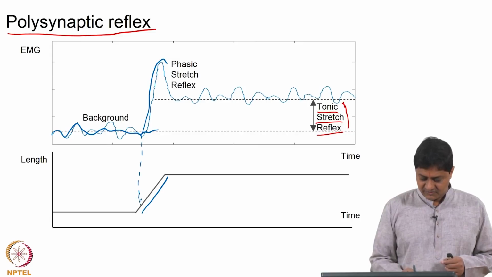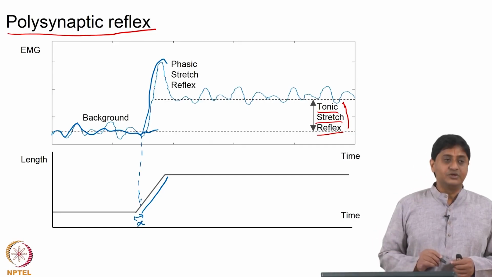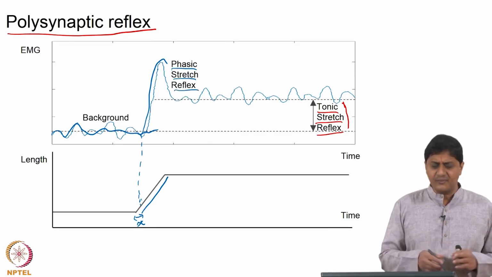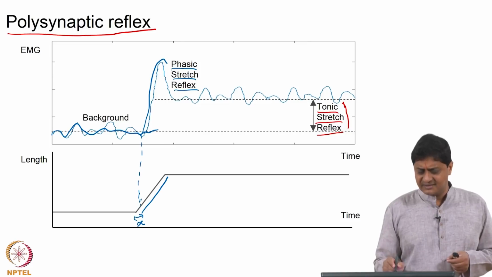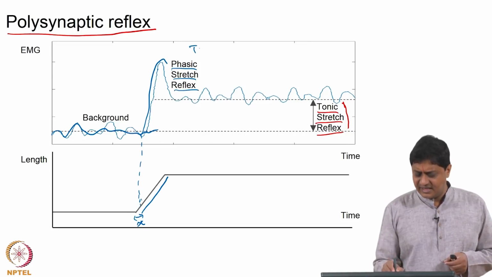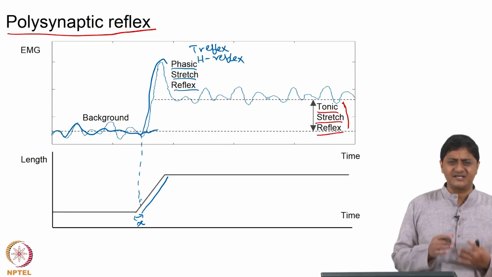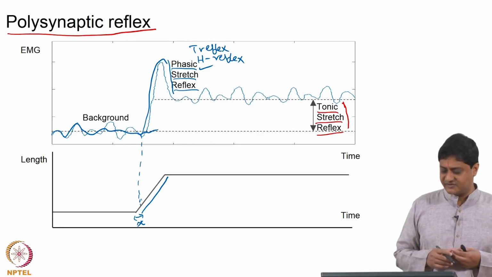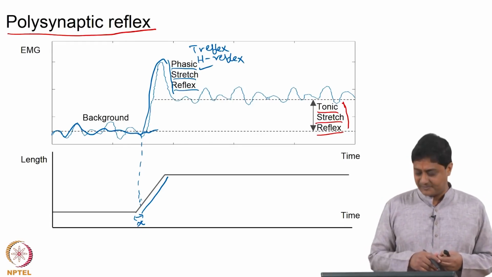The stretching starts with a very small delay, with that delta t there is going to be a response. That response we have called it earlier, this is a monosynaptic response, we called this earlier variedly as T reflex for mechanical stimuli and H reflex for electrical stimuli. This is the classic monosynaptic reflex. It is given a different name, it is given phasic stretch reflex. Phasic stretch reflex, we will talk about what this means in a bit.